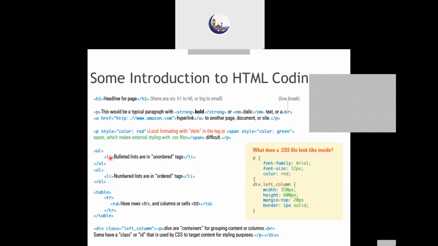How many bullet items you want, those many li tags will be coming. Here I have kept only one, so only one li will be coming. If you want to mention 5-6 items inside it, you need to keep all those items in 5 or 6 li tags, one after the other.